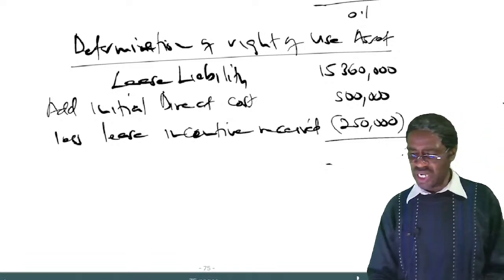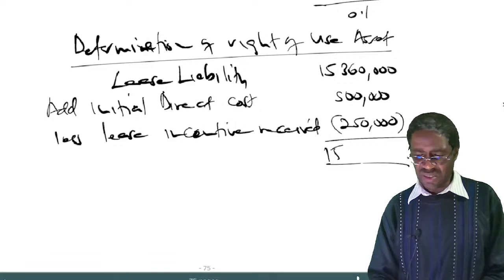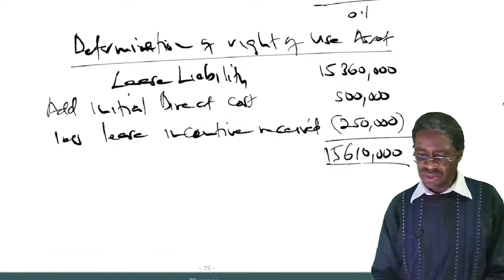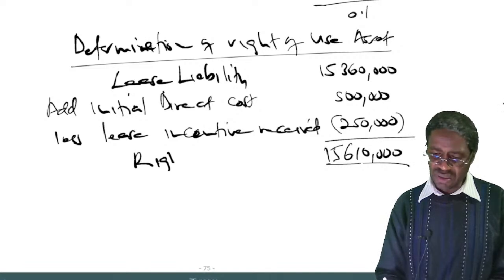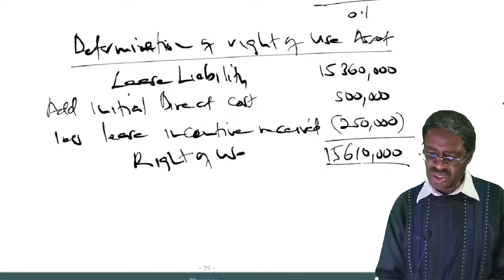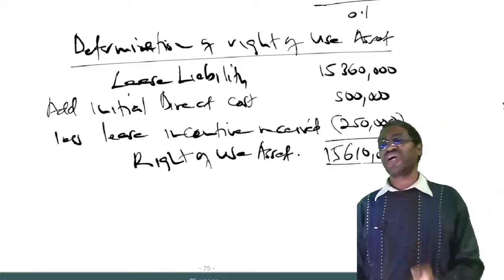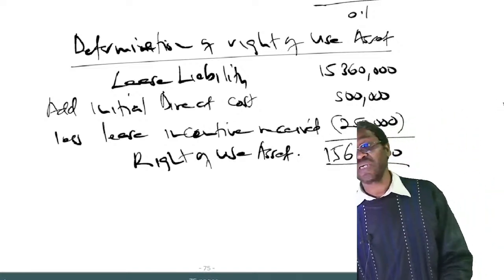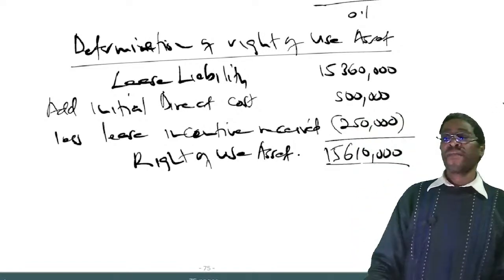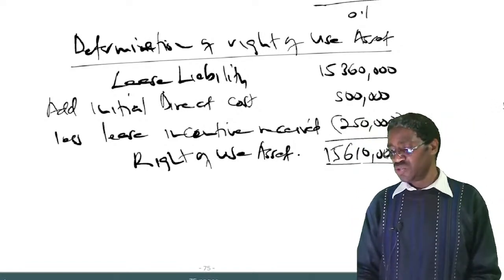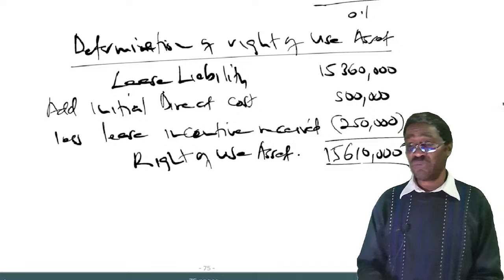That looks like an amount of 15,610. That's what we are calling right of use asset. Now you have the amounts. Now you can prepare the amortization schedule.